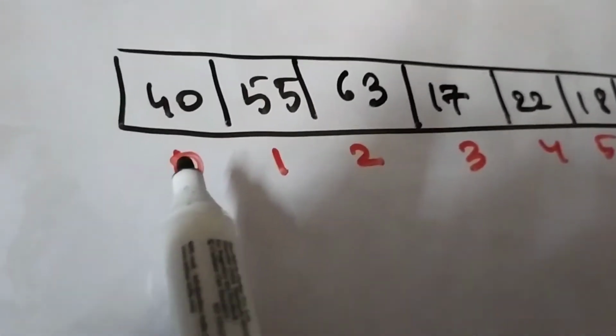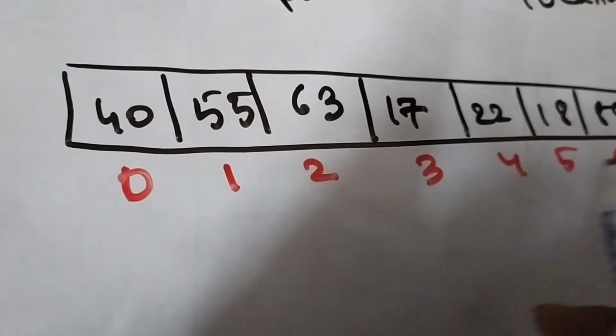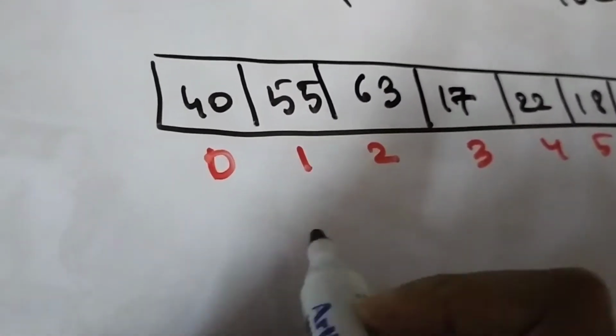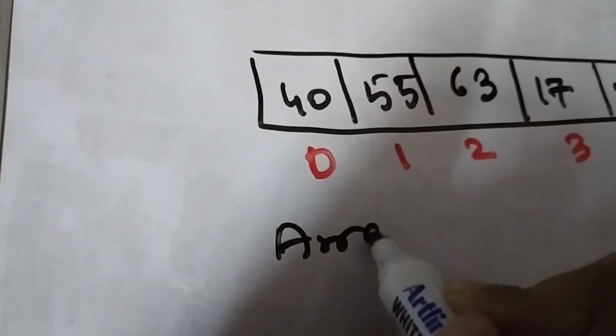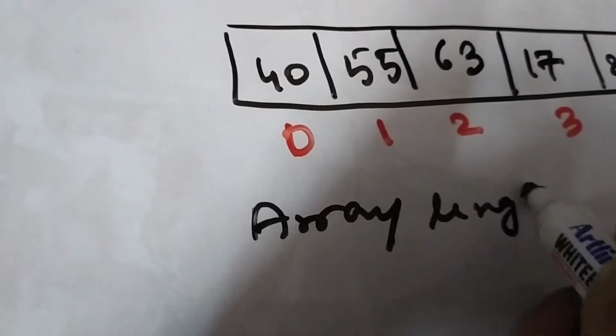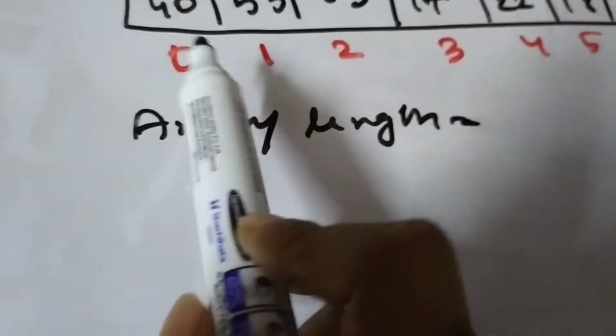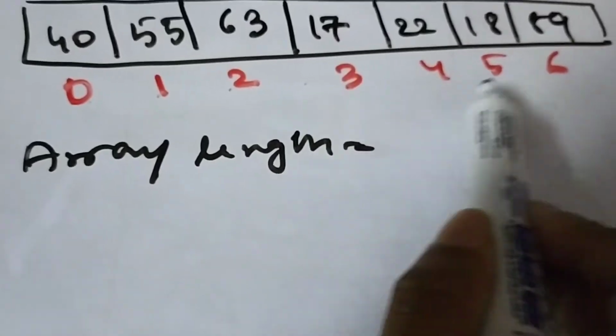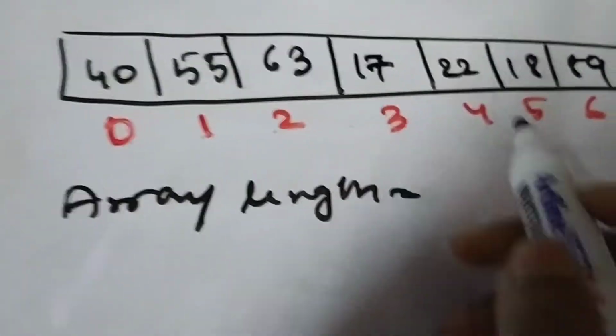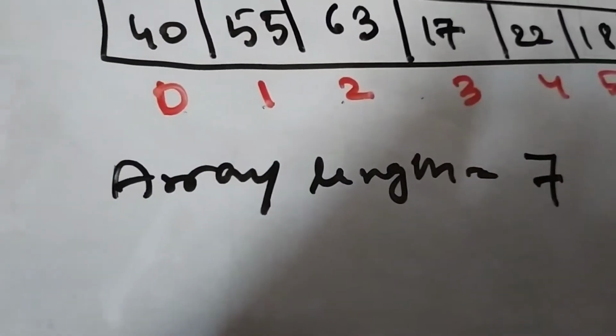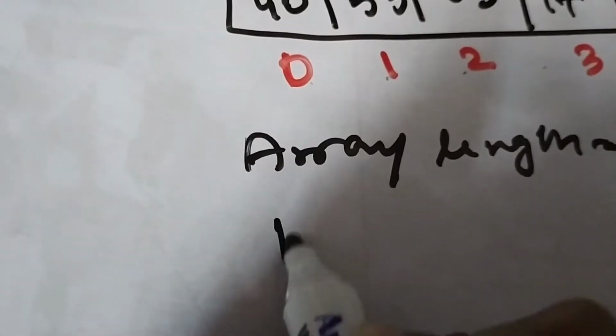Now if someone asks what is the length of the array, I will count: 0, 1, 2, 3, 4, 5, 6, 7. So the length of the array will be 7, because the indexes run from 0 to 6. What is the first index?